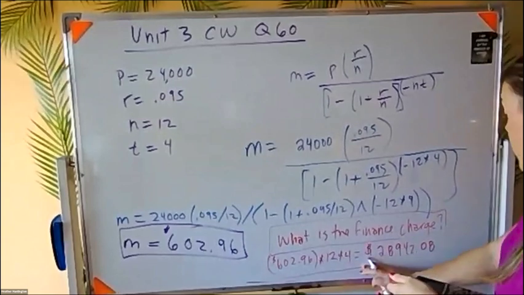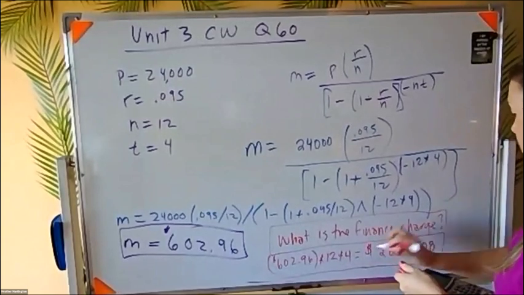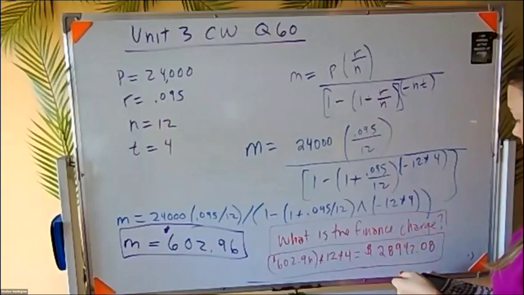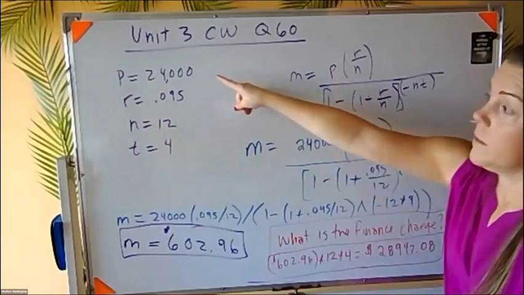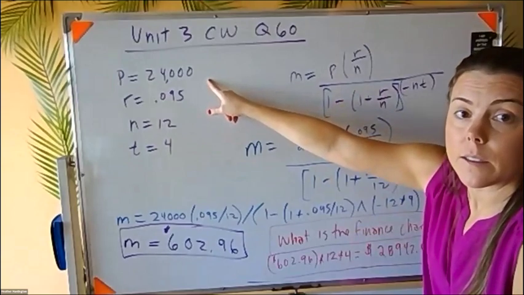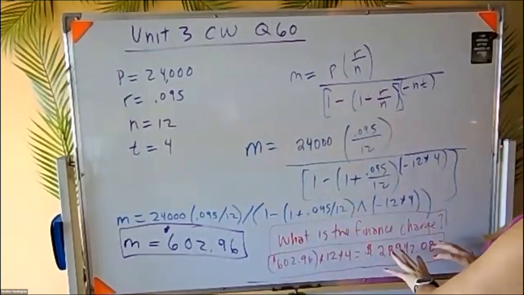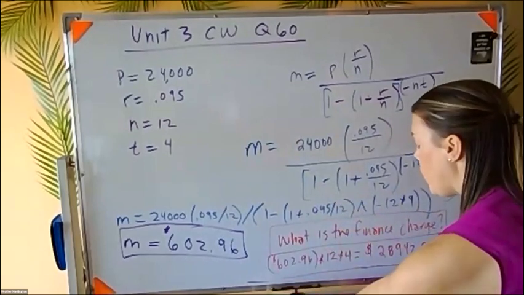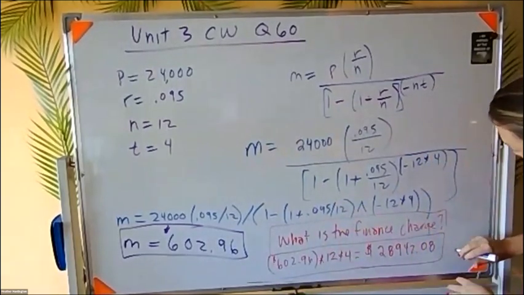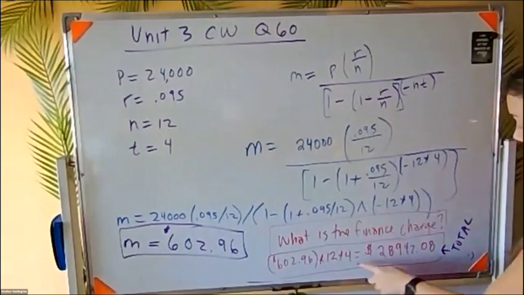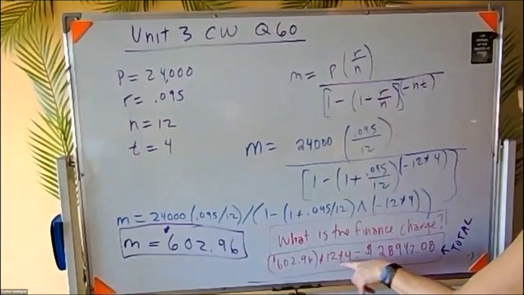Okay, so how do we know how much interest we've paid? It has something to do with this, right? Good. I see some of you got up to this. So this is called the total installment price. This is how much we've paid after 4 years every month.